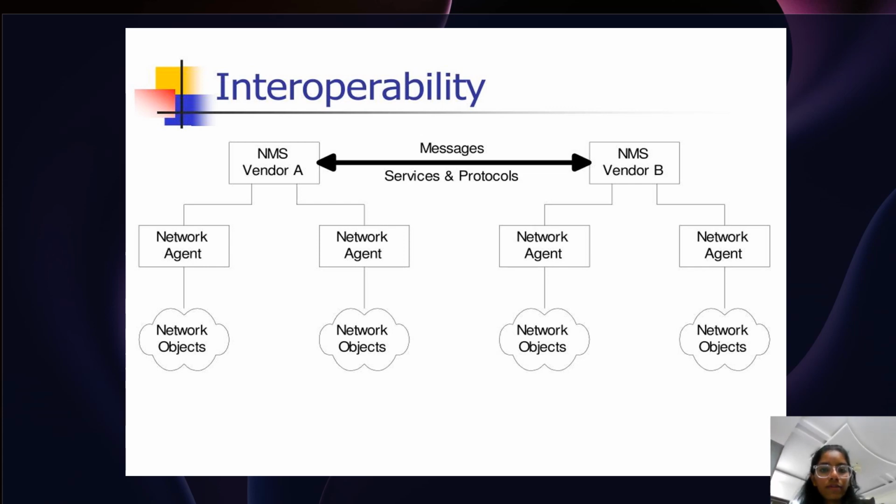That is, we have two systems named vendor A and vendor B. Vendor A and vendor B exchange messages, services, and protocols. Each network management system has its separate network agent and its network objects. The same applies to vendor A and vendor B. This is the example for interoperability.